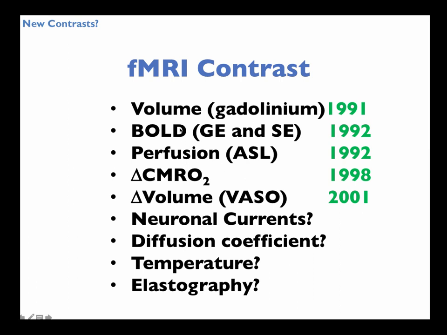Then by looking at the ratio of perfusion and BOLD, you can actually get measures of CMRO2. That came out in about 1998. So metabolic measures. VASO, this technique that is looking at just blood volume changes, but non-invasively. Sort of like arterial spin labeling, but basically putting in an inversion pulse and allowing the spins to relax.